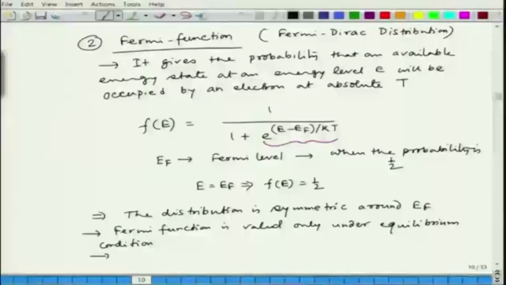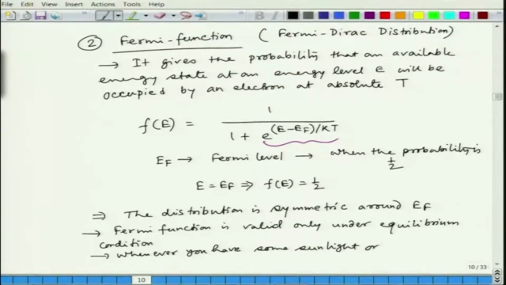Whenever you have either some sunlight coming in or some voltage applied, then it is no longer in the equilibrium state, and there the Fermi function is shifted.